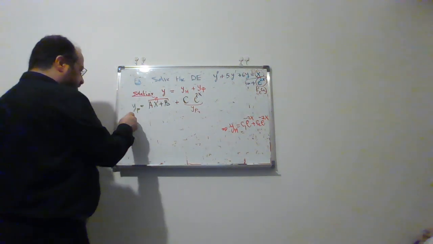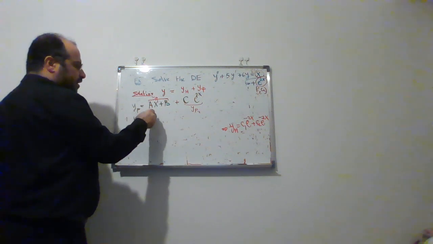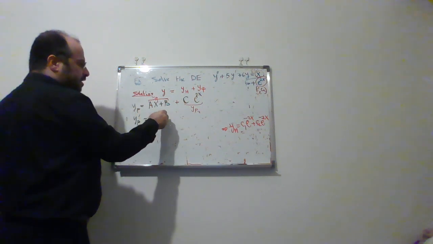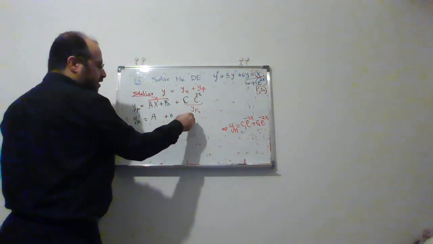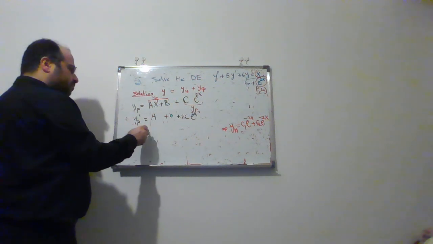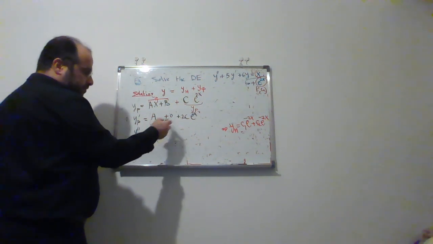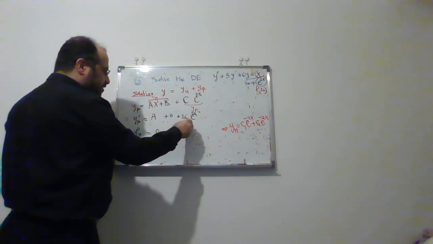So the first derivative of y particular is a plus 0 plus 2c e^x, right? And y particular double prime is 0 plus 4c e^x, right?